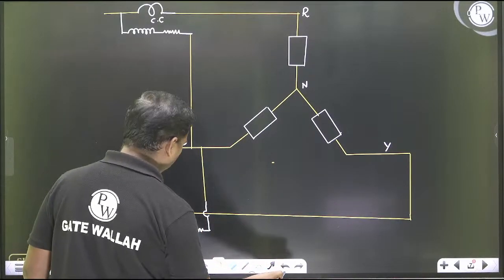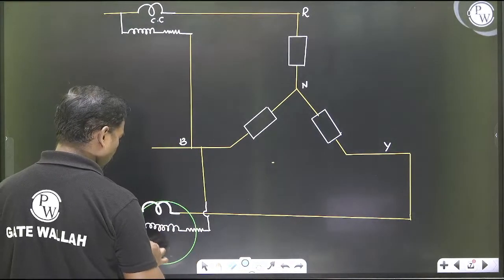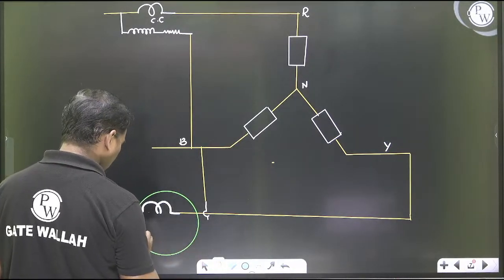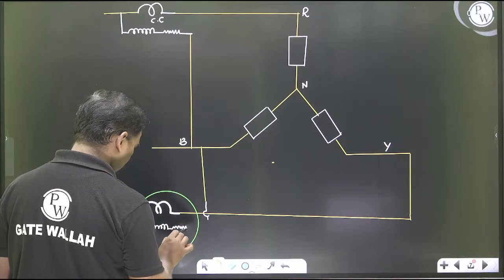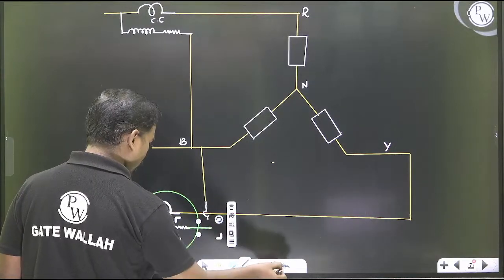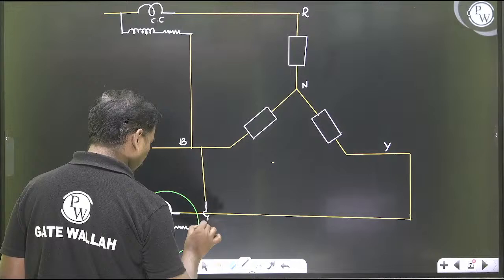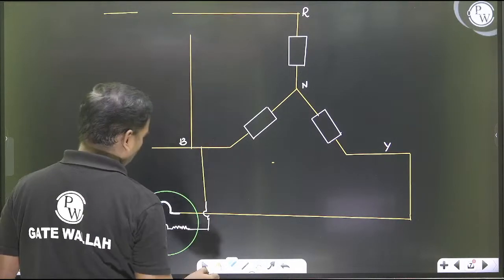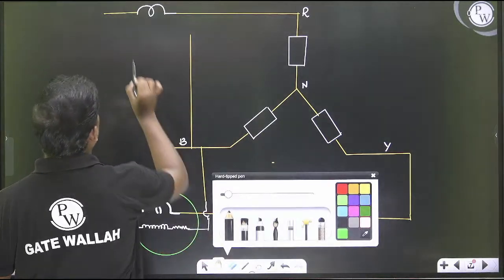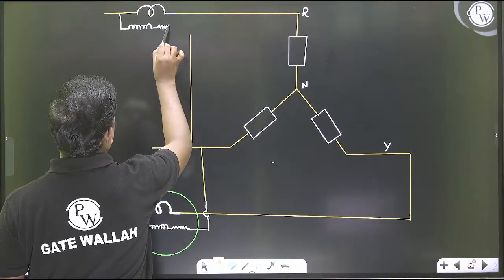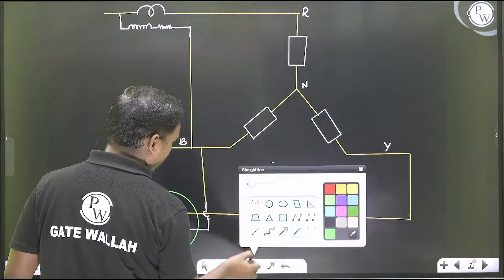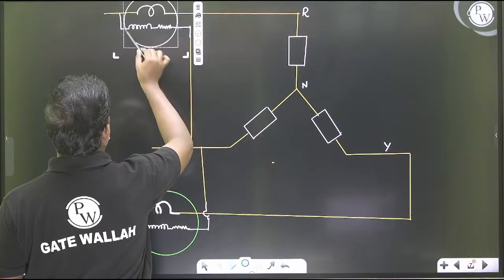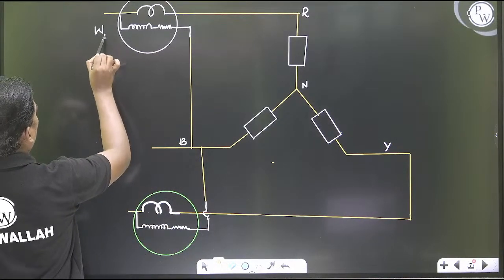So this is 1 wattmeter, this is another wattmeter. So this is wattmeter 1, this is wattmeter 2.